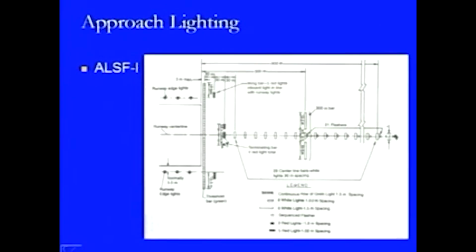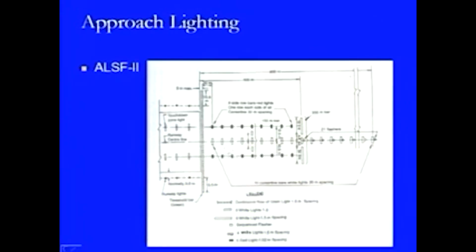So, it depends on the location and the purpose with which these are being provided. These smaller bars, which are provided with the medium sized bars, as we have seen with respect to the center line, then have the sequenced flashers located in this form.